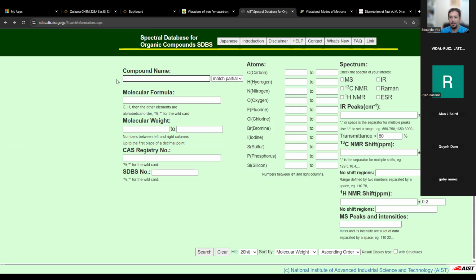Surely you must have a favorite compound. Well, since no one's suggesting anything, oh, here it is. Cyclohexane. Yeah, of course it's possible. Why not? Let's look it up. Cyclohexane.